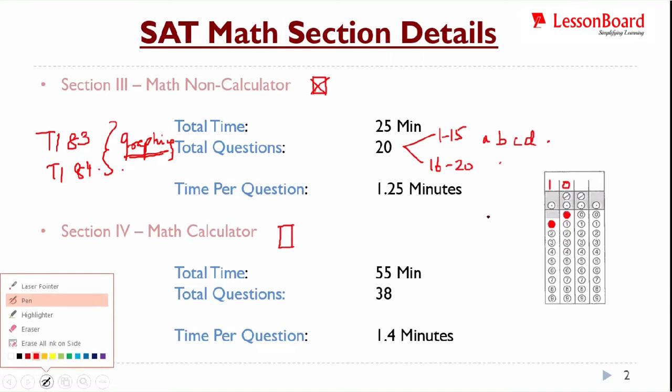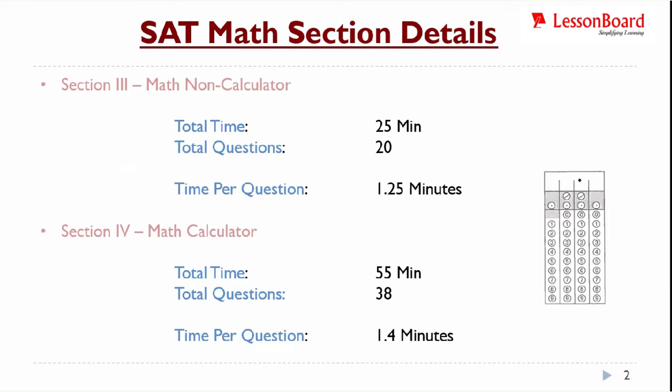I could start gridding in from the extreme left or end at the extreme right. If I grid in 10 like this, with 1 over here and 0 over here, that is also absolutely acceptable. Either of the two patterns is acceptable. We can also grid in decimal answers as well as fractions. We are going to look at each of these as we move along.